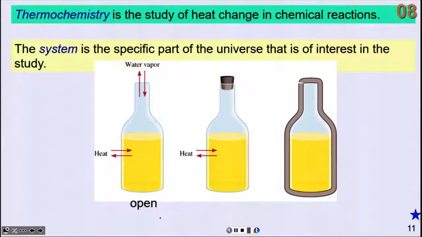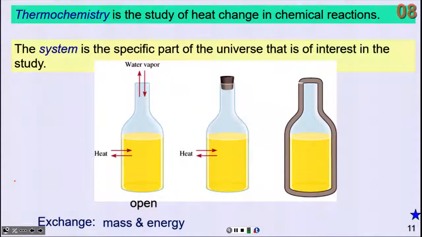You can see that it looks like a flask, and there's heat transfer in and out of the flask because it's not got any reason not to. You know, you set your bottle of beverage out, and eventually it becomes the same temperature as the surroundings. The heat will go into the flask gradually, and the water vapor will escape if the top is open. So the exchange here is of mass and energy because there's nothing to keep it contained within the system.